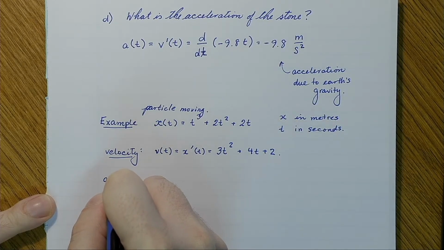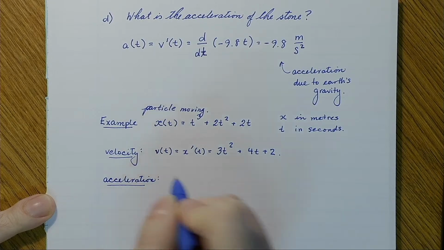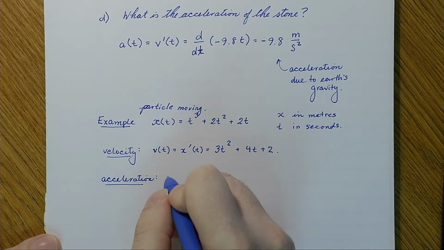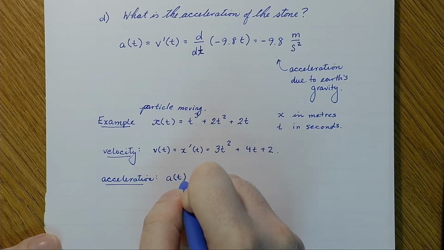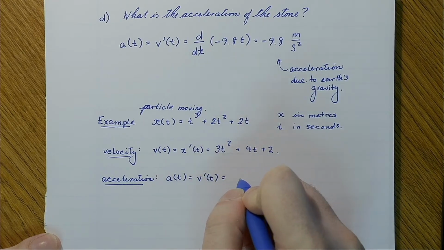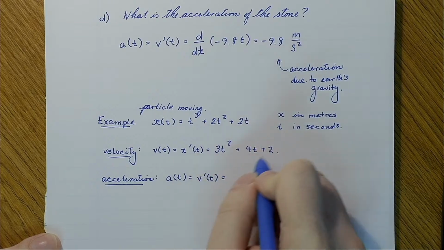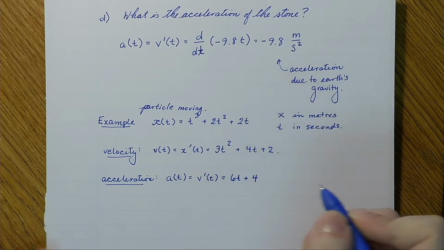And the acceleration is equal to the derivative of the velocity. And so taking the derivative of that is 6t plus 4.